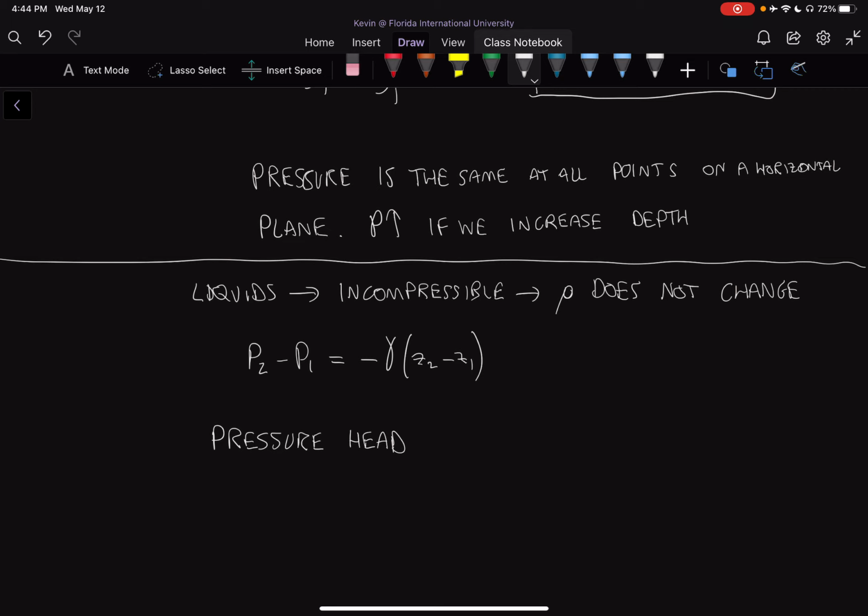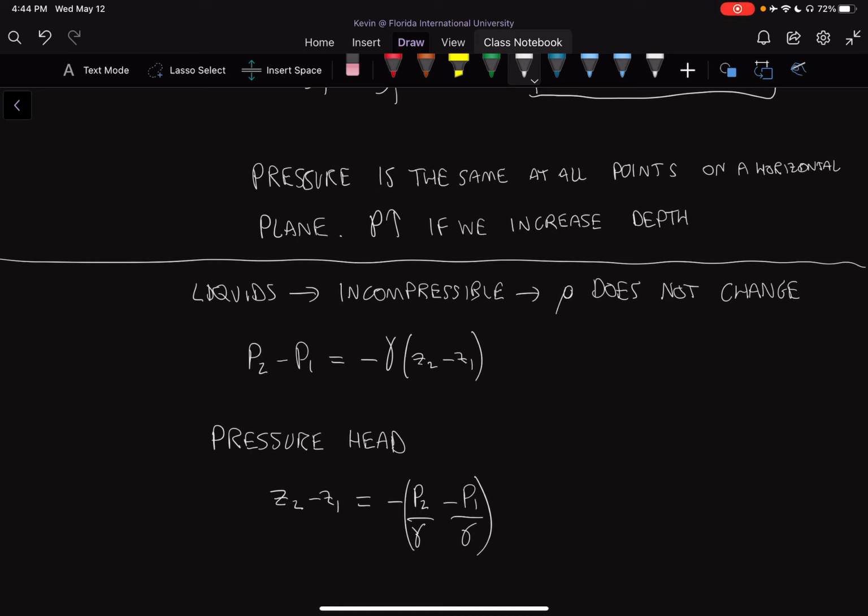And pressure measured in height is just rearranging this equation to say z2 minus z1 is equal to negative (P2 minus P1) over gamma. We just rearrange the equation and put the pressure in terms of the height difference.